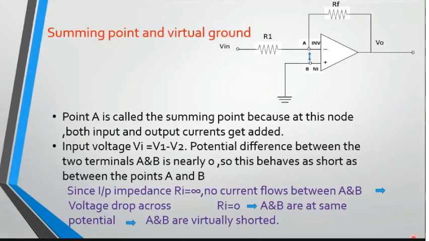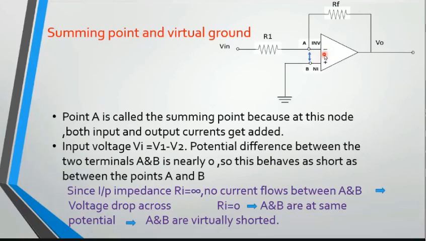So what is a virtual ground? It is a ground because these two terminals, inverting and non-inverting, are at the same voltage because of the high input impedance. So they are at the same potential, and they can be called virtual ground.